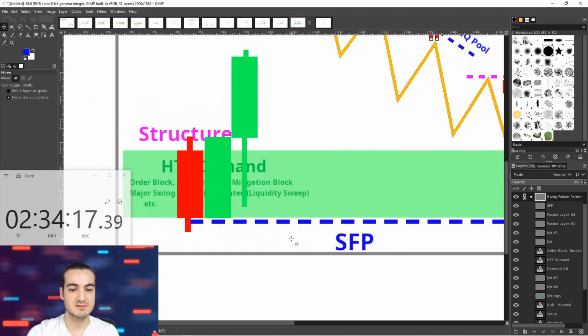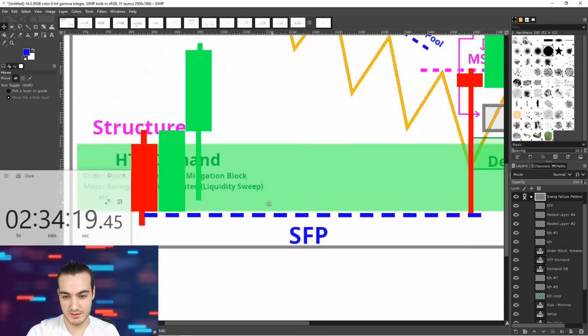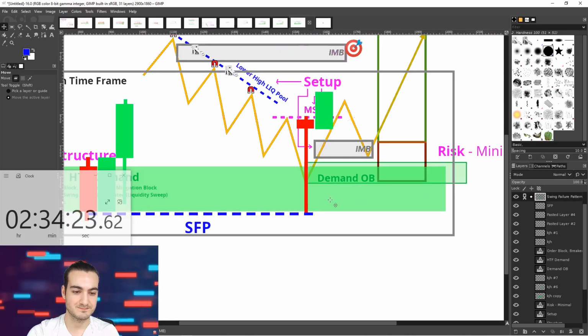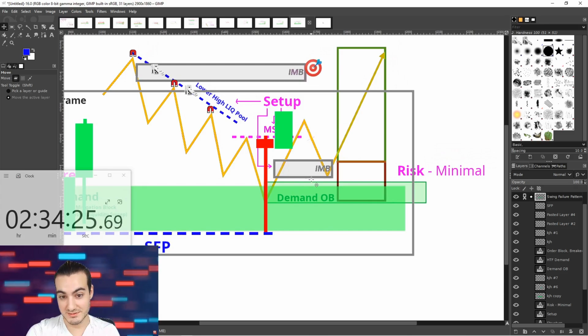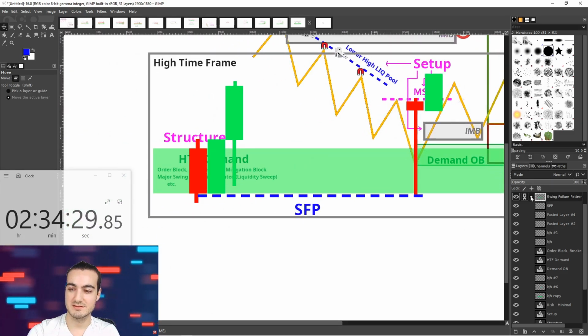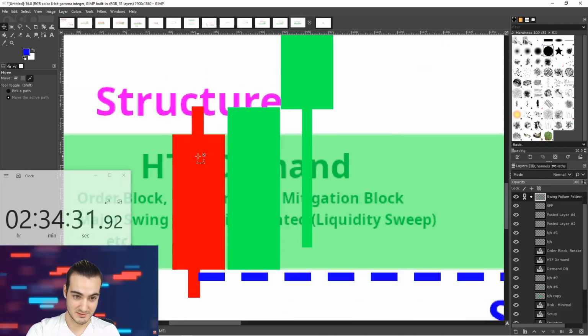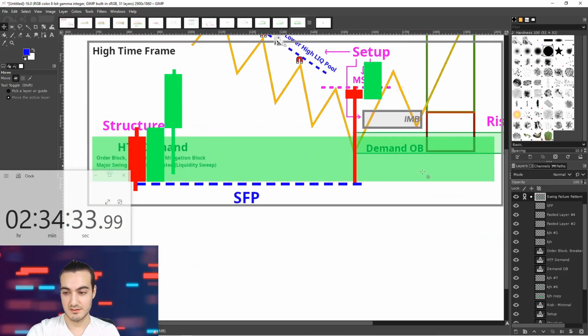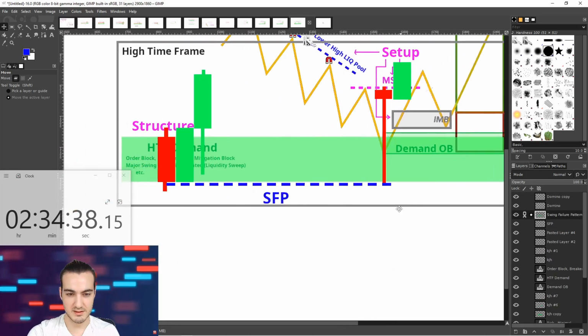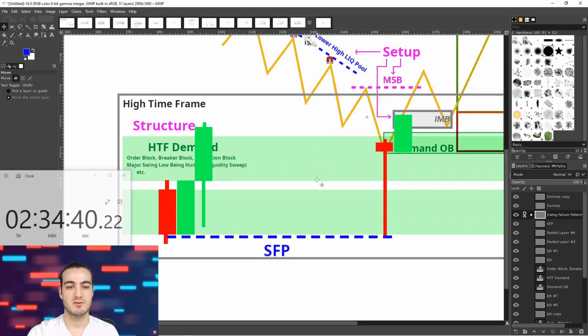This would tell us that the liquidity in this area has already been absorbed. So that would be one way of giving us a demand zone which we could rely on in the lower time frames. Let me drag that back down because it's hideous. It's in my way.